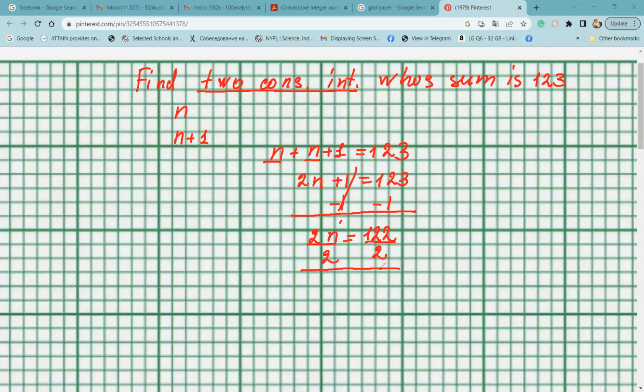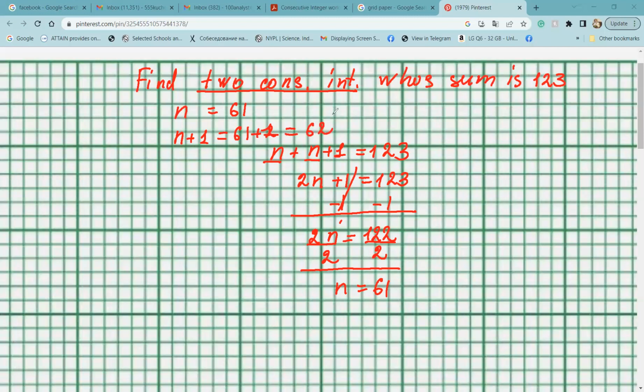Here you apply the division property of equality. Then you divide 122 by 2, and you get 61. N equals 61. So the first number is 61. The second number is 61 plus 1, and you get 62.